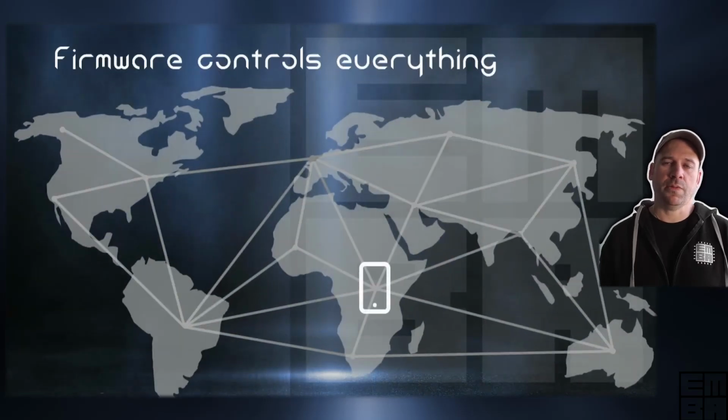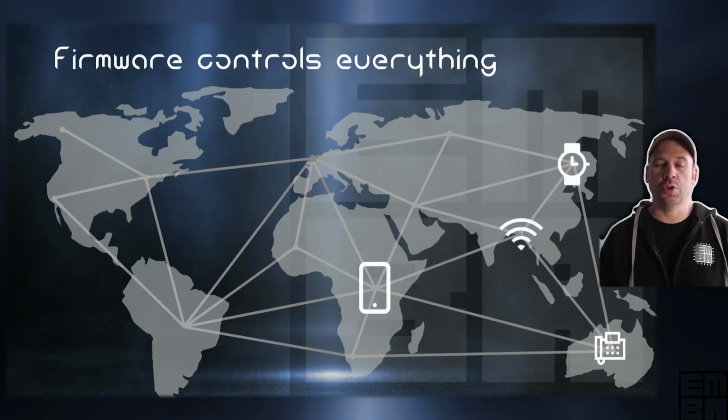Today's environments are more and more connected. Think about your smart home at home. Or think a little bit bigger about an OT network, which means operational technology network, in a big company. Think about your smartwatch. Your smartwatch is connected to your smartphone, which is connected to everything else.